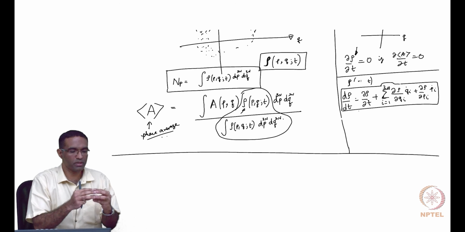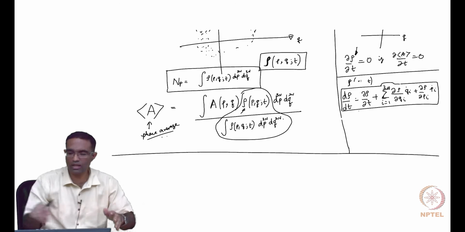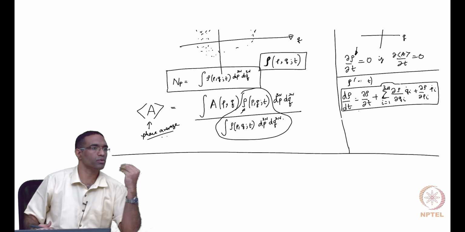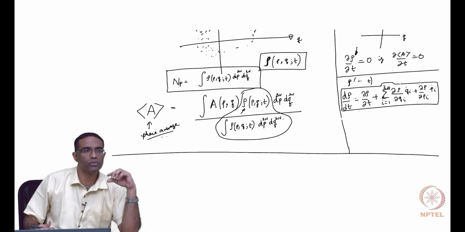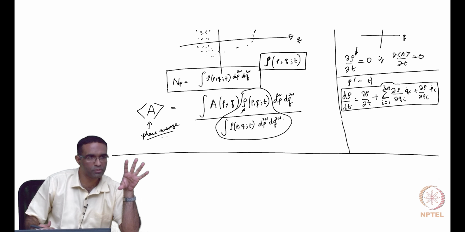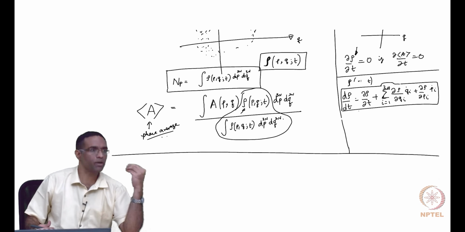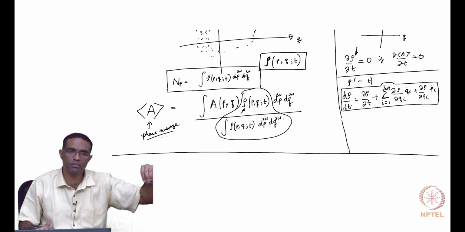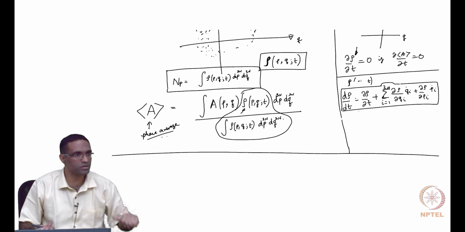So if a person is sitting on a particular volume element in phase space and traveling with it, it is telling you the rate at which the total number of points inside that volume element are changing with respect to time. Now these points in the phase space all come from Hamilton's equations. There are no new points which are going to be generated all of a sudden, or existing points vanishing from the system.